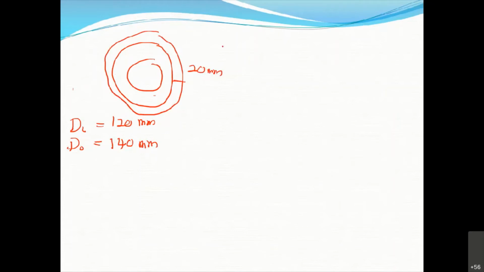Based on this figure, you see that you actually have 2 layers of tube. This is the first layer and this is the second layer. So if you have 2 layers of tube, then you know that you have to use the equation of R, so R is equal to ln Ro over Ri over 2 pi K L. Now remember, since you know the value of L here, in the R equation you can put the L here.